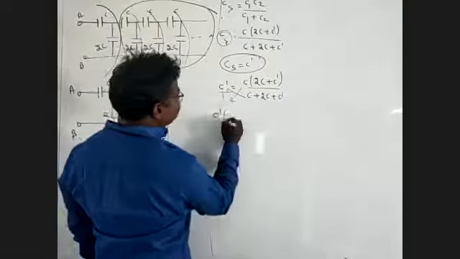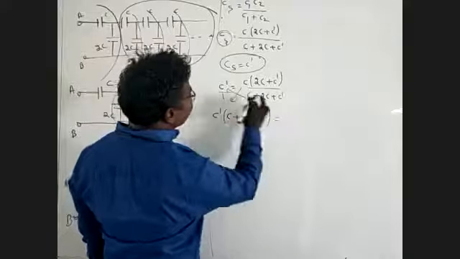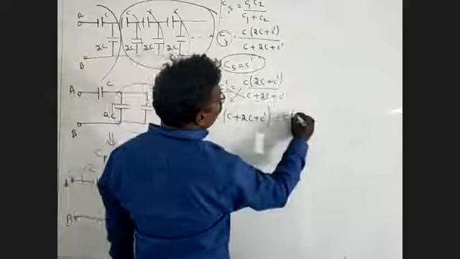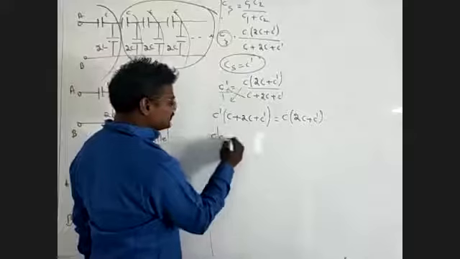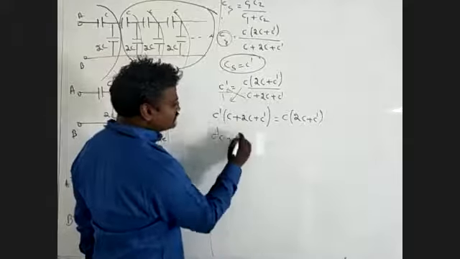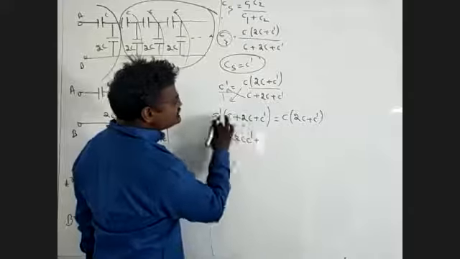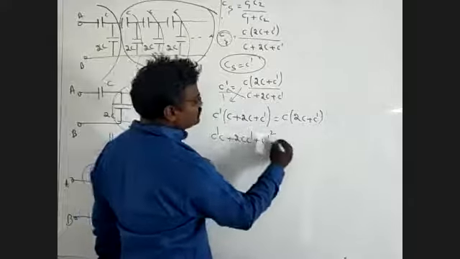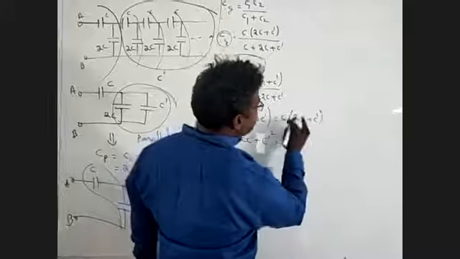So what will happen? C dash into C plus 2C plus C dash is equal to C into 2C plus C dash. Expanding, C dash C plus 2C C dash plus C dash square is equal to 2C square plus C C dash. Take this value to this side.